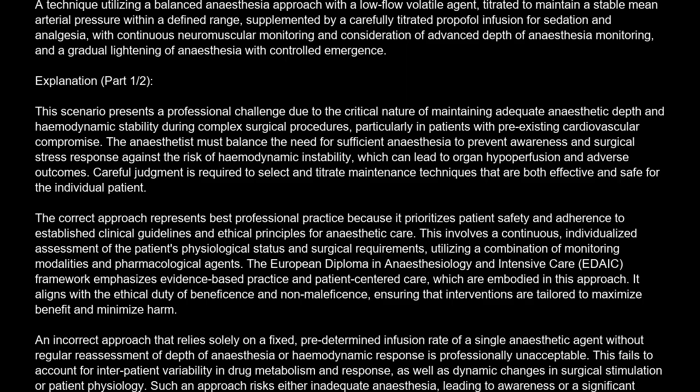An incorrect approach that relies solely on a fixed, predetermined infusion rate of a single anesthetic agent, without regular reassessment of depth of anesthesia or hemodynamic response, is professionally unacceptable. This fails to account for interpatient variability in drug metabolism and response, as well as dynamic changes in surgical stimulation or patient physiology.